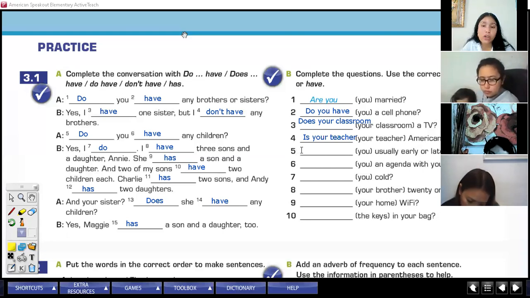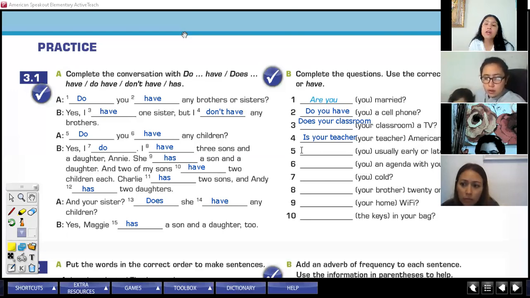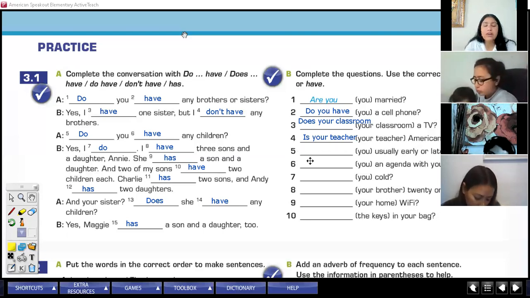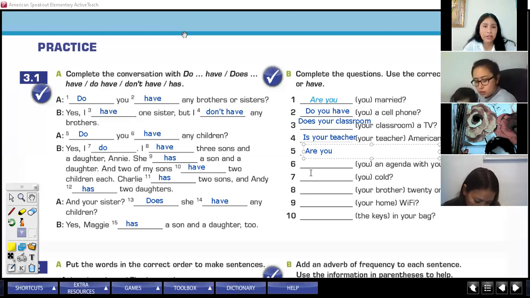We're talking also about something that we can be. So, usually early or late for class. What am I going to use here? Are you? Exactly. Are you usually early or late for class? Very good.